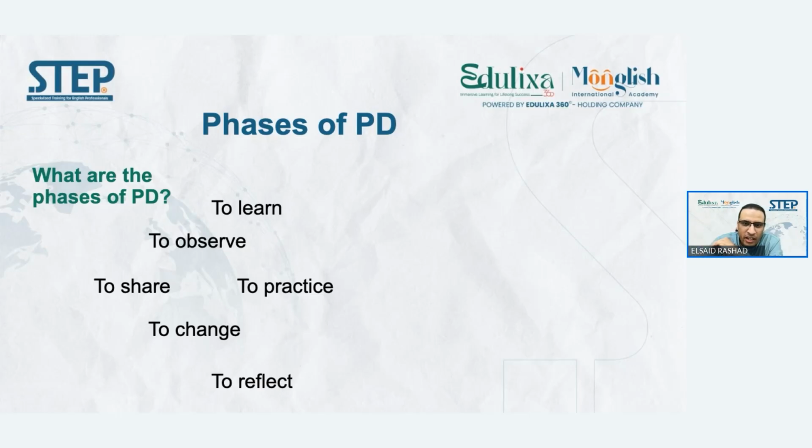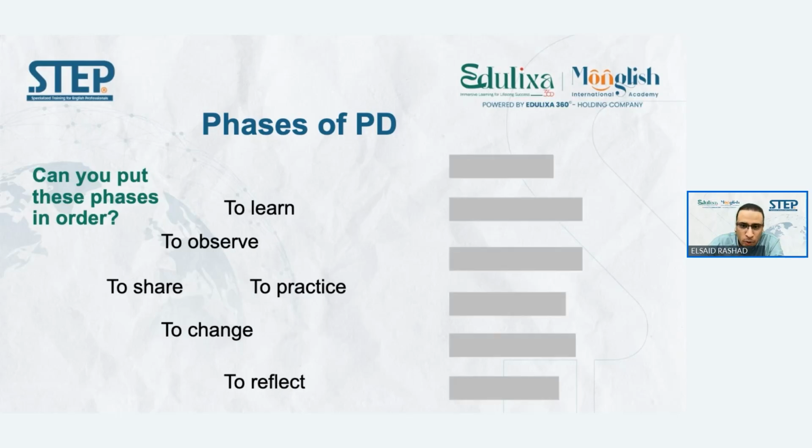Do you think they are in order now? Look at them, please. They are not. So now, can you put these six phases in order? What's the first one? Observe.